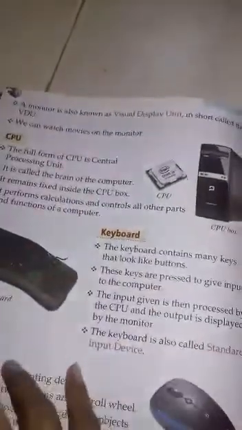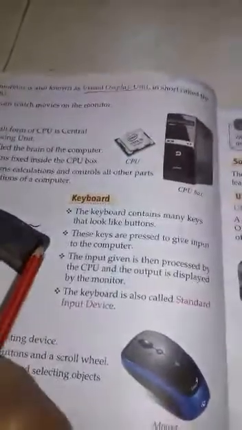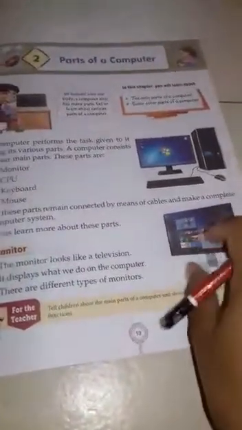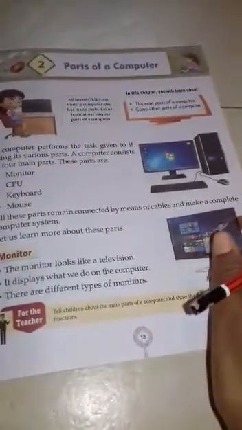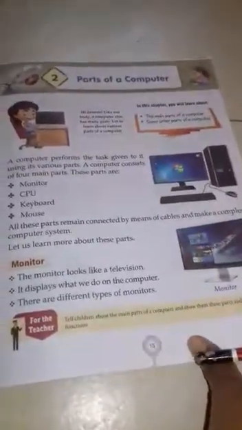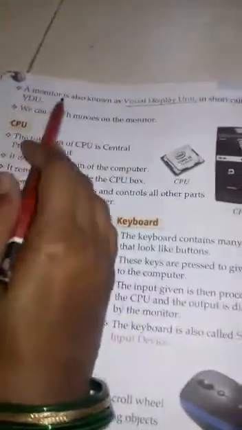Children, why is it called visual display unit? Here you see, underline this one, visual display unit. Visual means we can see the things that are displayed here. Here we can see the things clearly. So in short it is called VDU.